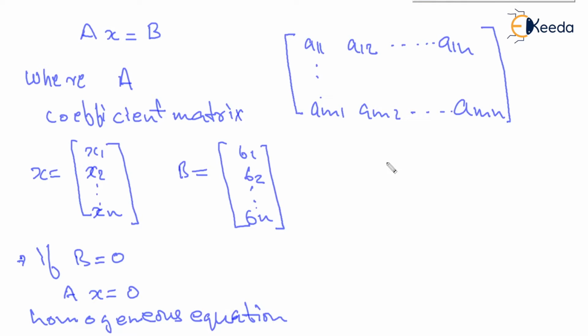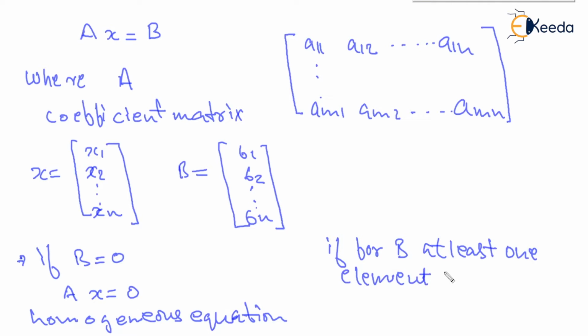And if b is not null, or you can say if for b at least one element bi is not equal to 0, then this Ax equal to b is non-homogeneous. So this is a non-homogeneous equation, right?